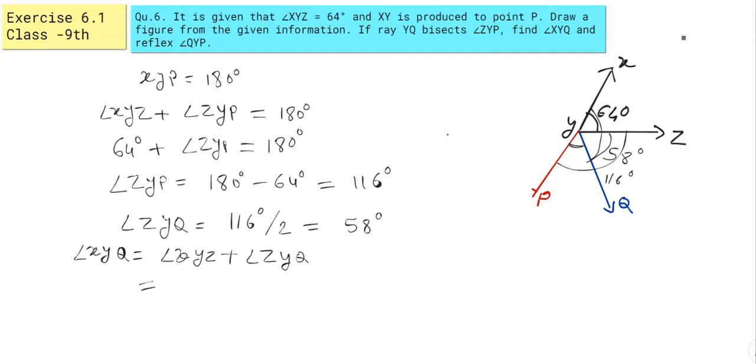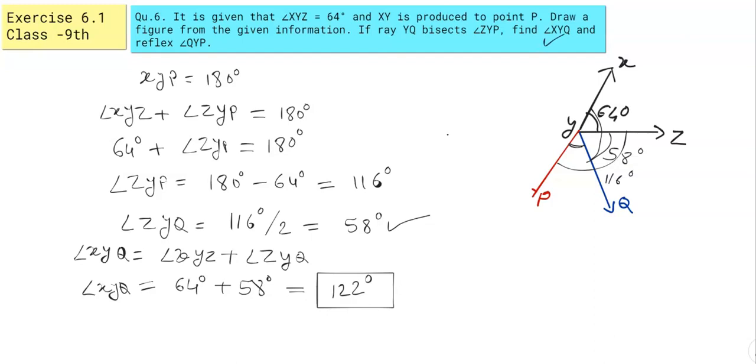Now put the value of XYZ, 64 degrees, already given, and the angle ZYQ we found, 58 degrees. So we will add and then find the value. Its addition is 122 degrees. So angle XYQ is 122 degrees. So this is one answer, and you have the value of angle XYQ.